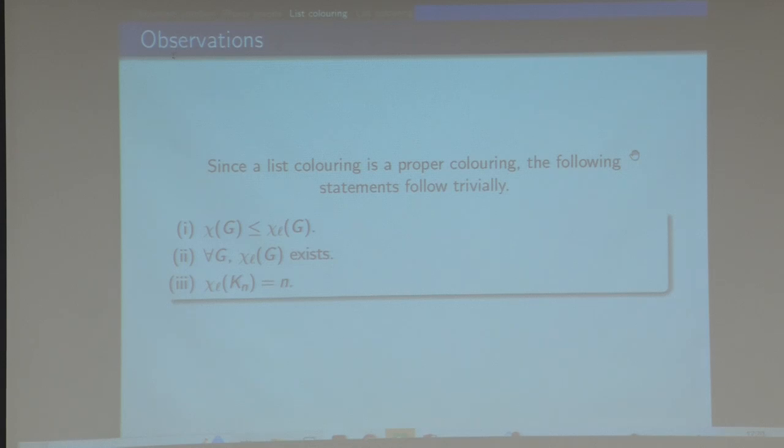There is hardly anything to check there. For every vertex you put a set of order n. Then it is clear that no matter which vertex I am at, I always have one color at my disposal, because the total number of vertices is only n. So the list chromatic number of G is less than or equal to n.